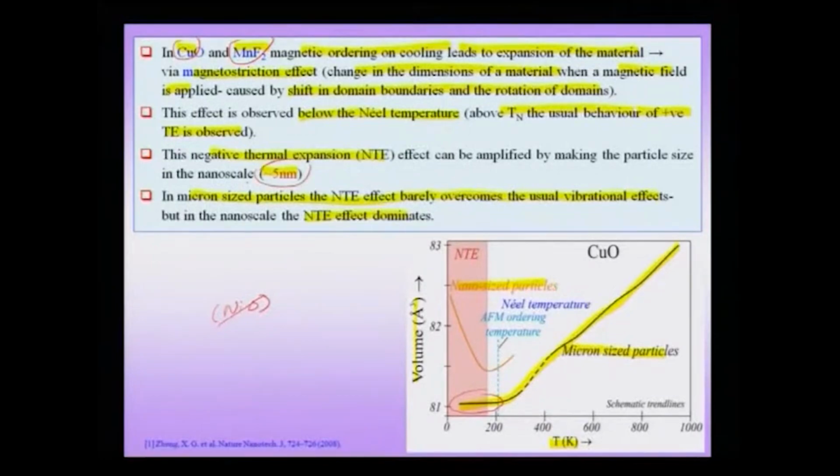But if you take nano sized particles, and I am talking about very small sizes like 5 nanometers, then it is clear from the plot, shown in the orange line, that above the Néel temperature the coefficient is positive, and if you go slightly below the Néel temperature, the region marked in the red box is where you see an expansion in the volume of the unit cell as you reduce the size.